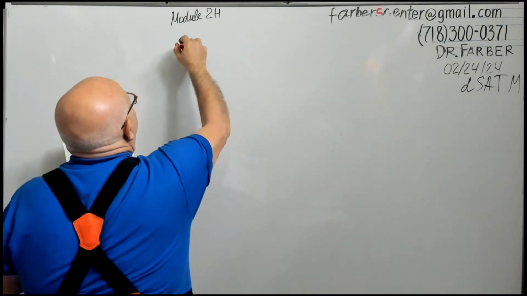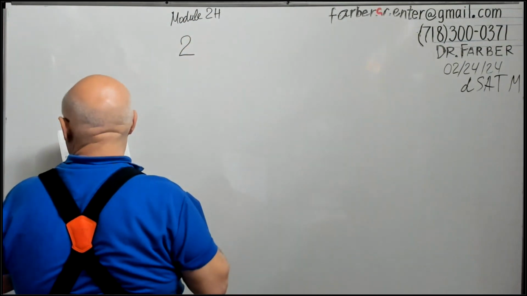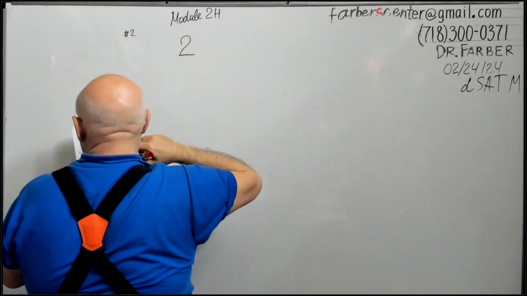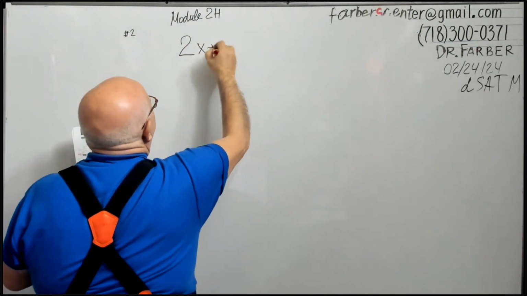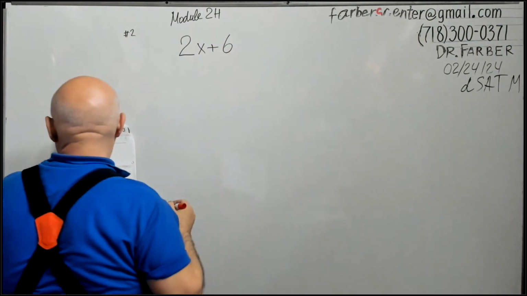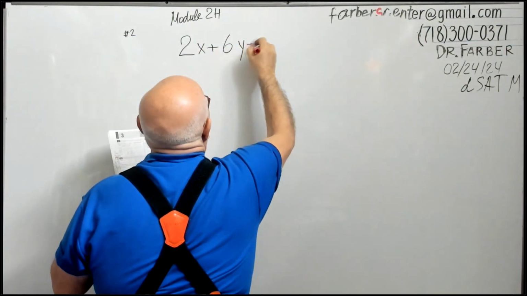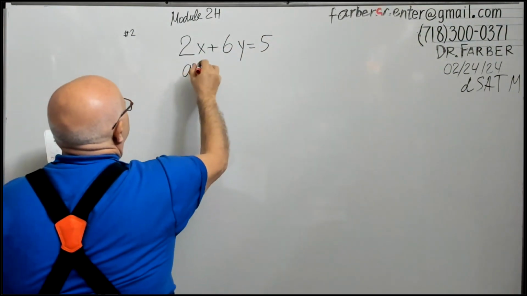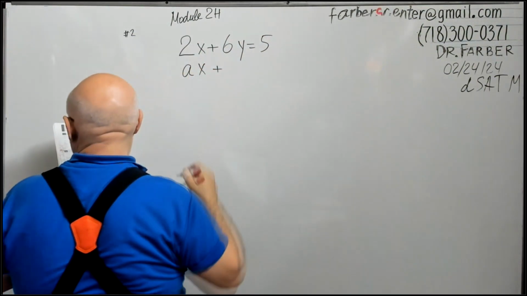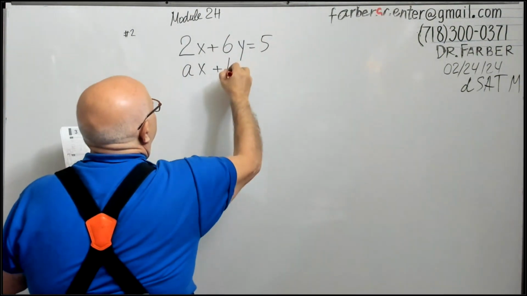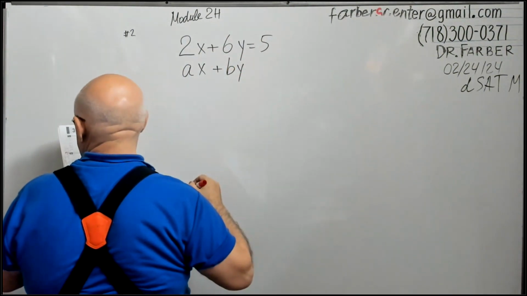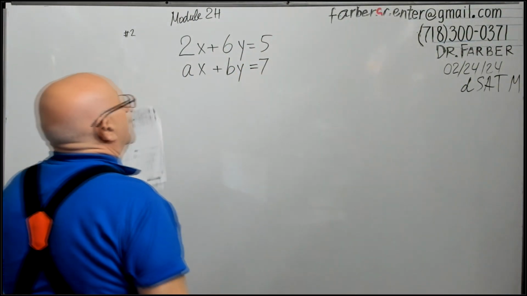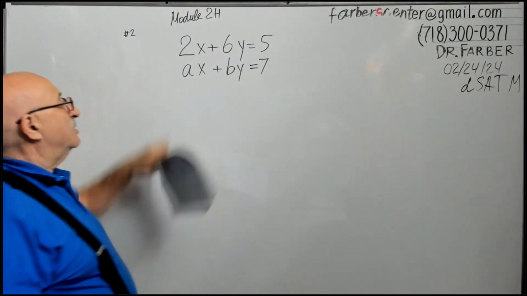We have number 2. 2x plus 6y equals 5, and ax plus by equals 7. We name this a system with parameters, especially for students from Europe.